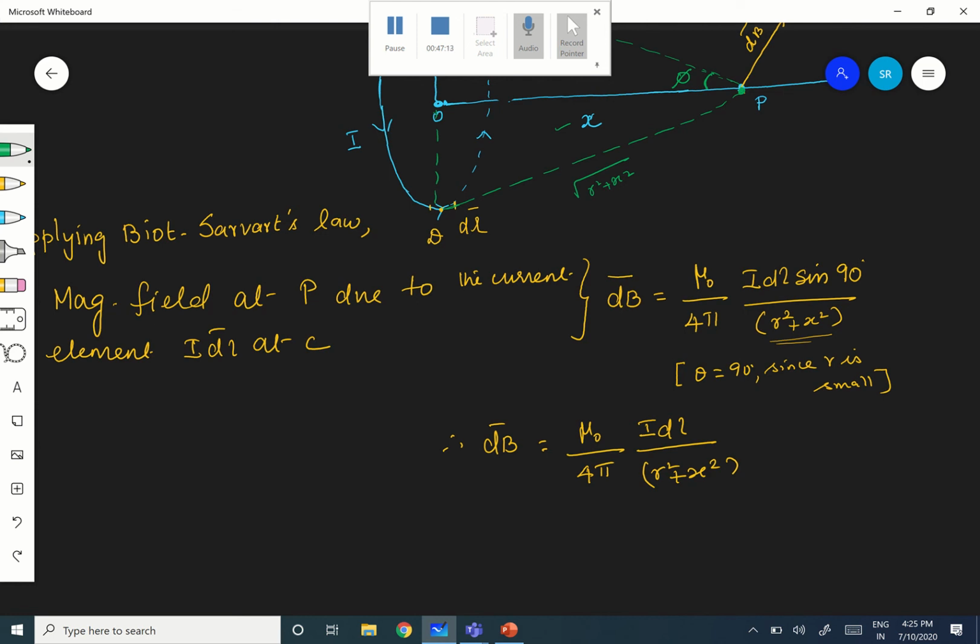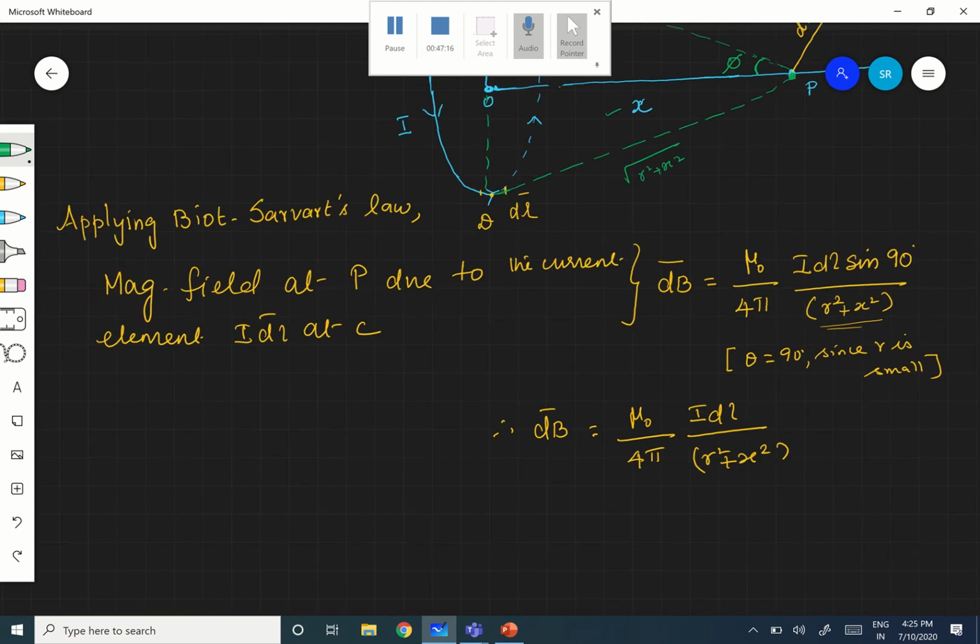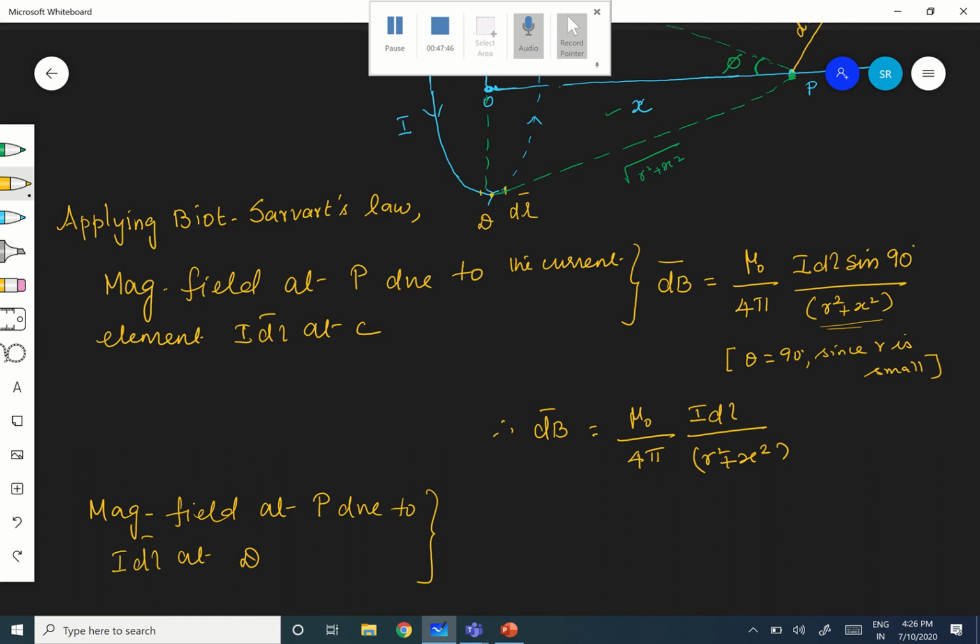I am taking DL but at D. So understand properly, children. Therefore, the magnetic field at P due to the current element idl at D, let me give the name dB.